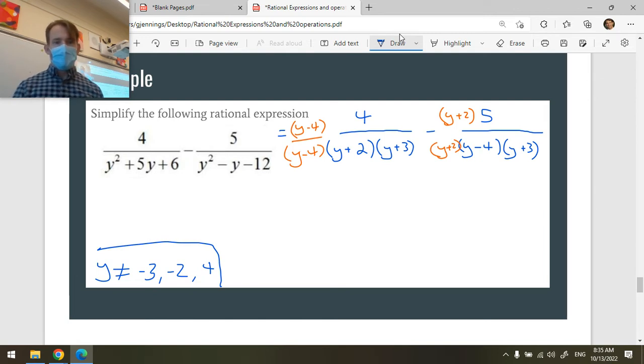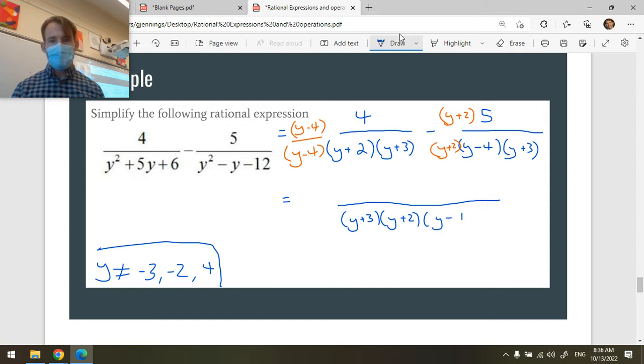Cool. Now, bring in another line. We're going to leave our common denominator there, unsimplified, no problem. And I'll write it in ascending order of the zeros: y plus 3, y plus 2, y minus 4.